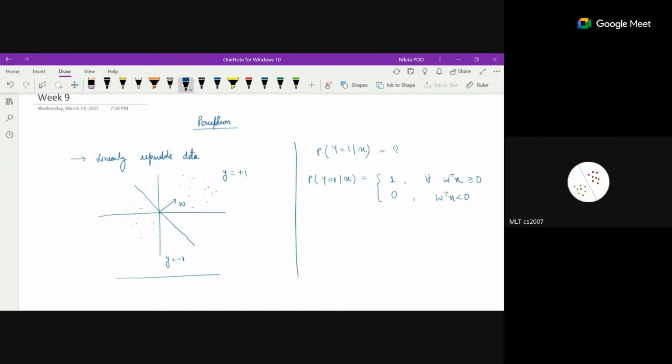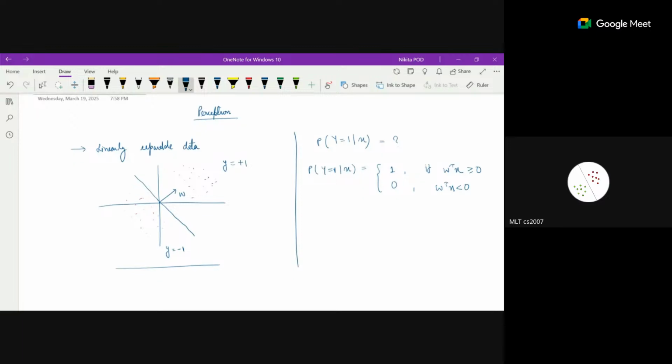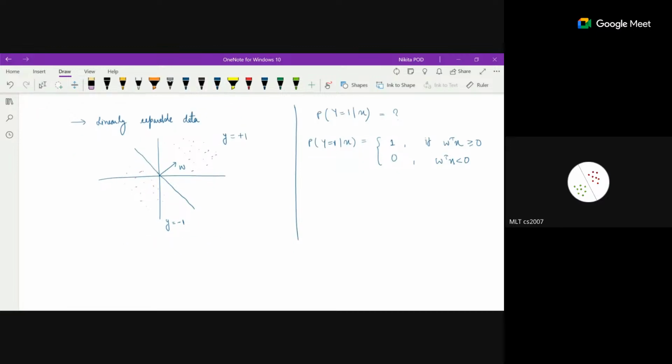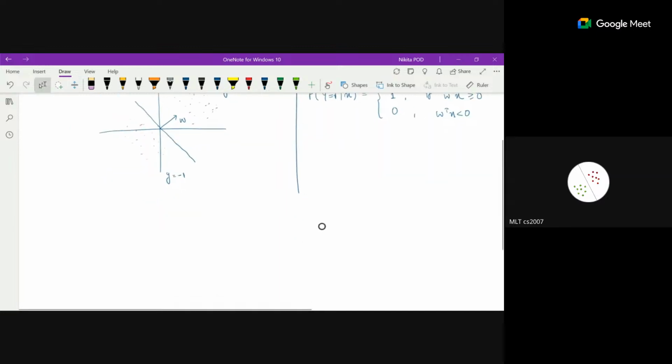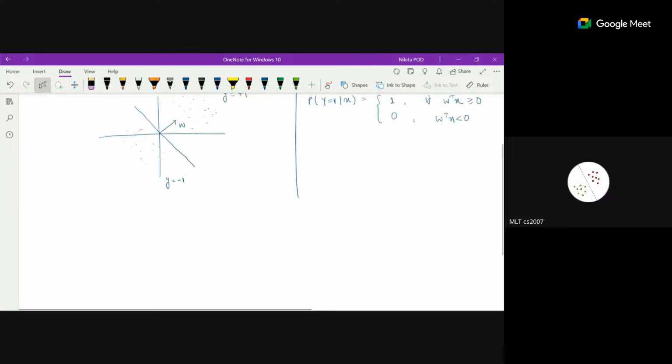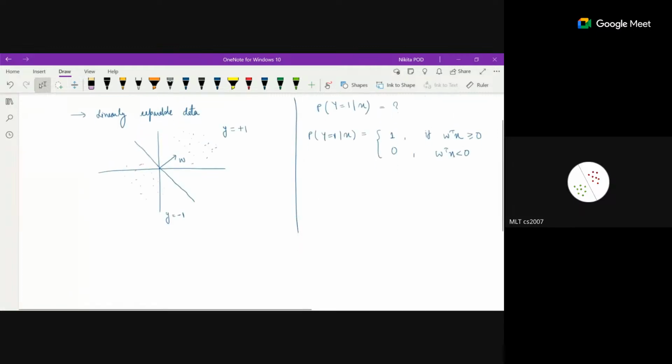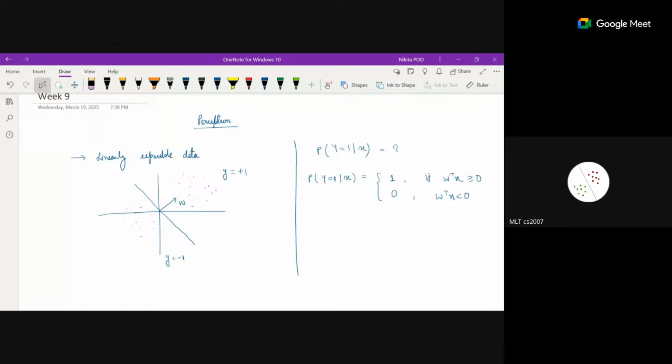Now, when we are talking about the linearly separable data set, what is this assumption? Here, if you look at this, what are we trying to do?